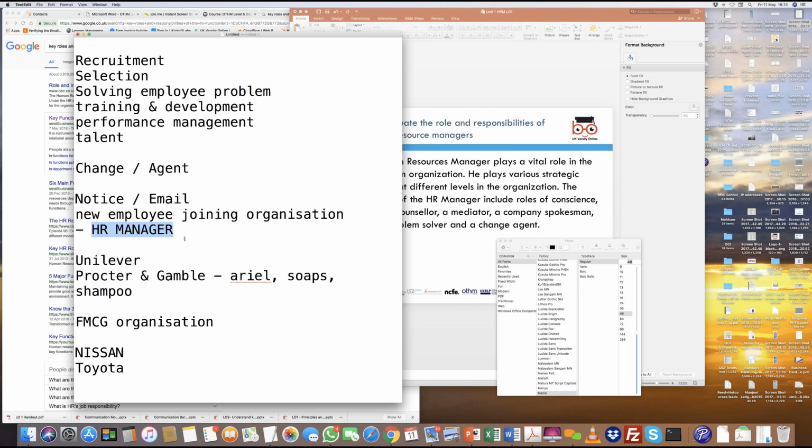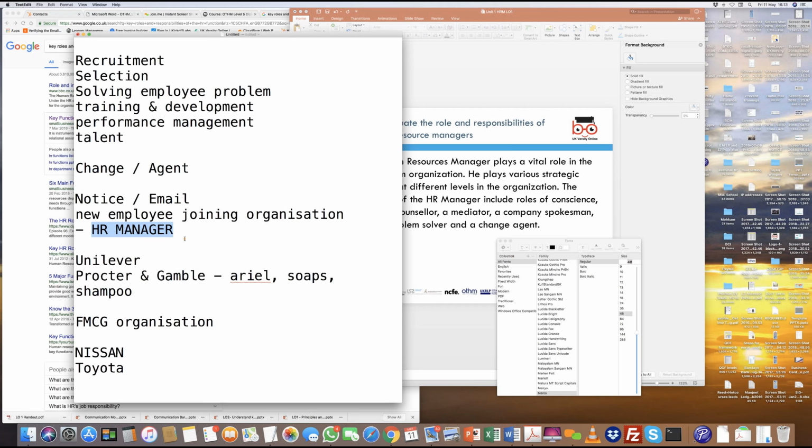Like Toyota America has won a big order for 5,000 cars from this company, or this employee has done this much charity collection in UK, or this employee in this country has done, for example, this meritorious work. So all this is brought out together in the form of a newsletter.